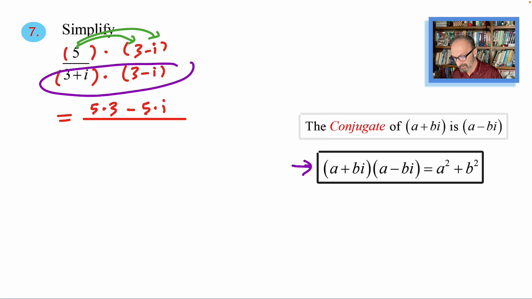Bottom side will be a squared plus b squared, and that is my a, 3, and b is 1, because it's 3 plus 1i. b is 1. Simplify.